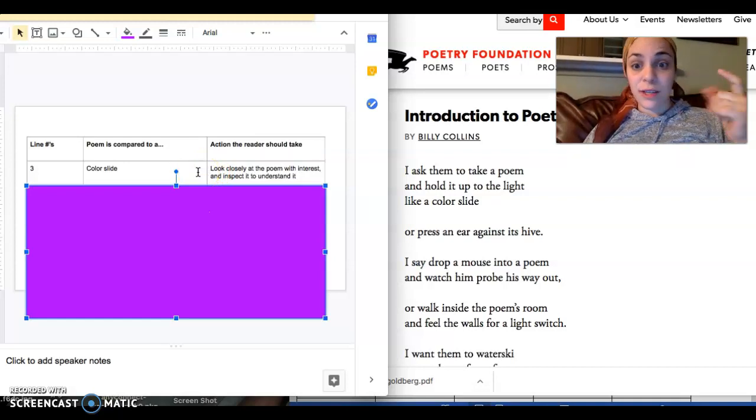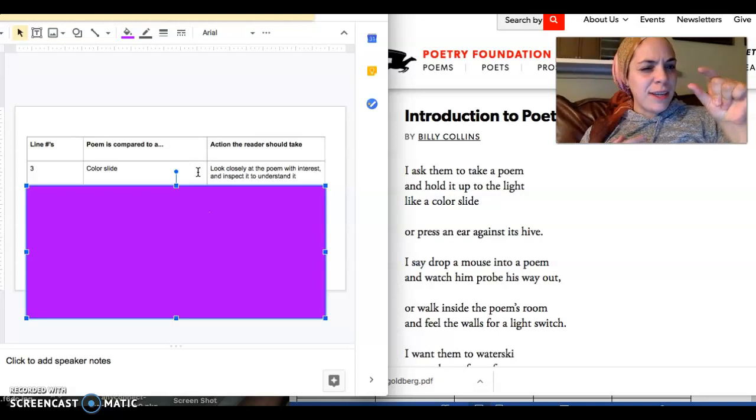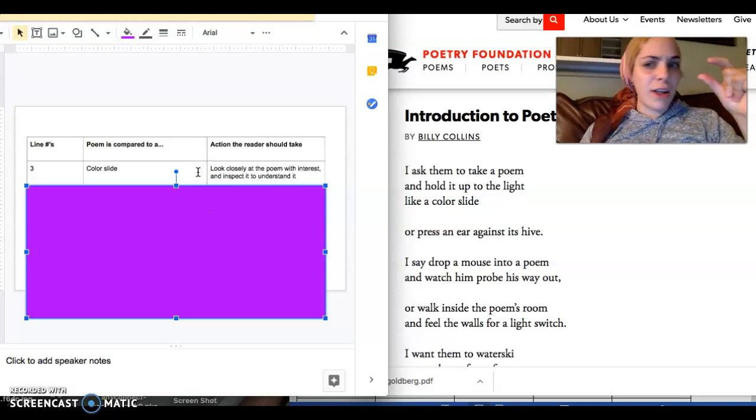You should be interested in the poem and inspect it to understand it. Just like a color slide, you need to hold up to the light and look at it carefully to see all the different nuances, all the different little things that are part of it. So that would be your first line of the chart.